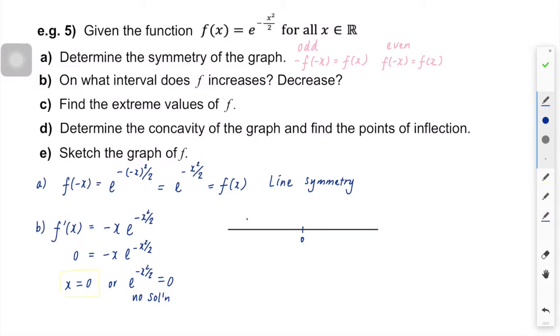Let's evaluate f prime of negative 1. What does that give me? I have positive 1 times e to the power of negative 1 over 2. That means the function is increasing during this interval because e to the power of negative 1/2 is still a positive number.